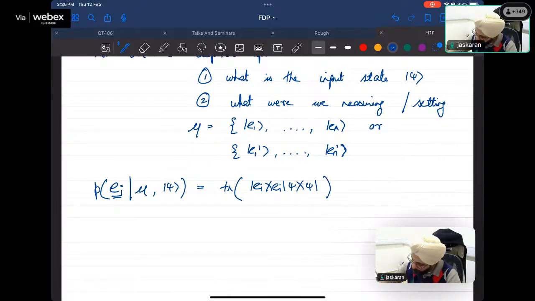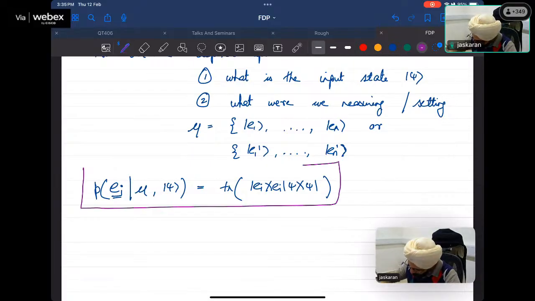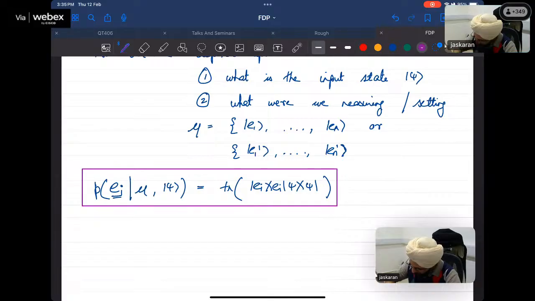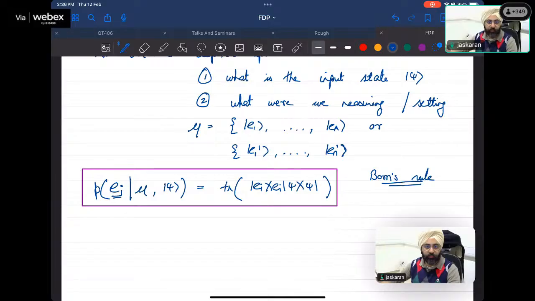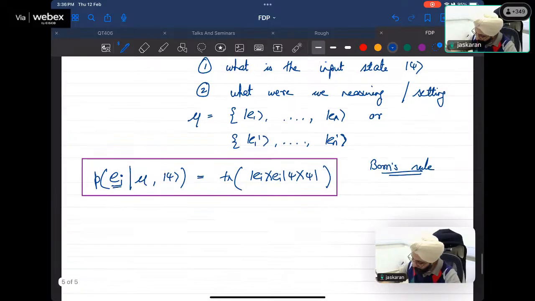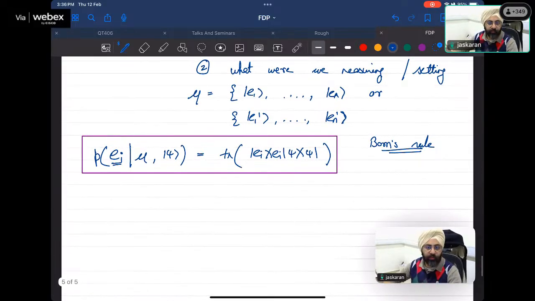So this entire thing is known as Born's rule. So this way of evaluating probabilities in quantum theory is known as Born's rule. It was given by Max Born. Okay, we will not go into how he derived it. It was more of a pedagogical way of doing things, but we will not go into that part.